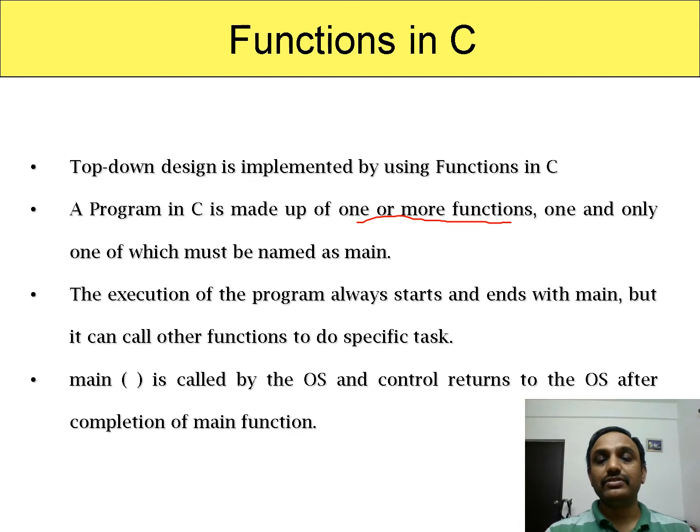Out of these, one function is called the main function, where your program execution starts and ends. This main function is called by the operating system. After completion of your program, control returns to the operating system.